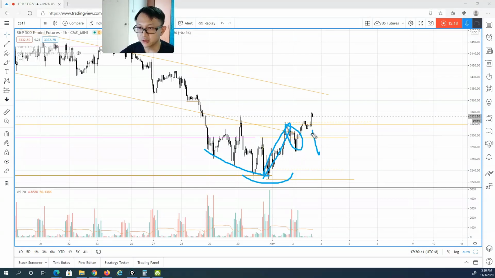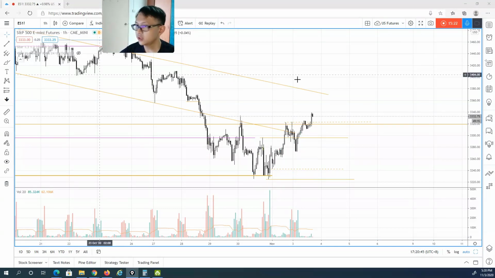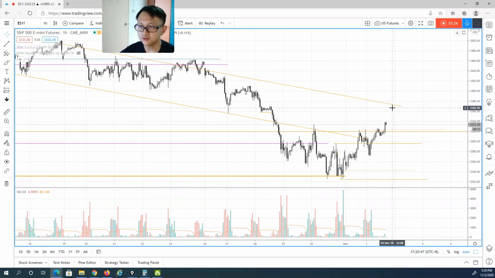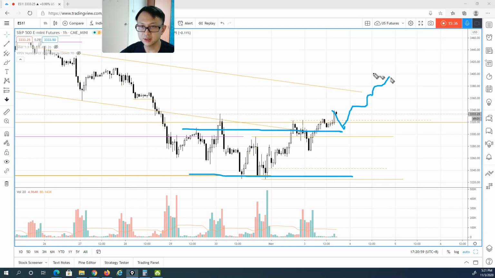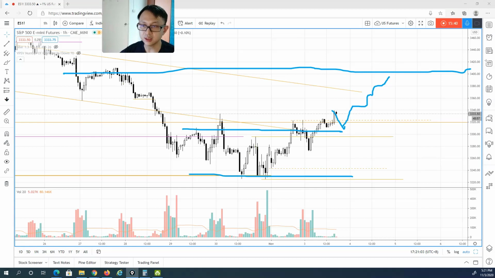And right now there's a breakout bar happening. If we can come in above, then I think we can rely on this type of structure, this trading range, and maybe test the 3400 level. So that's the bullish case.